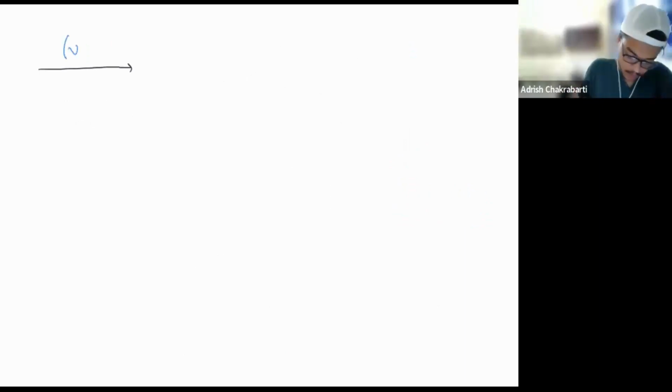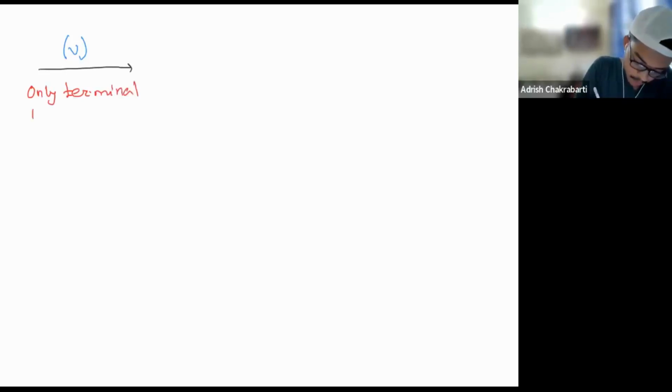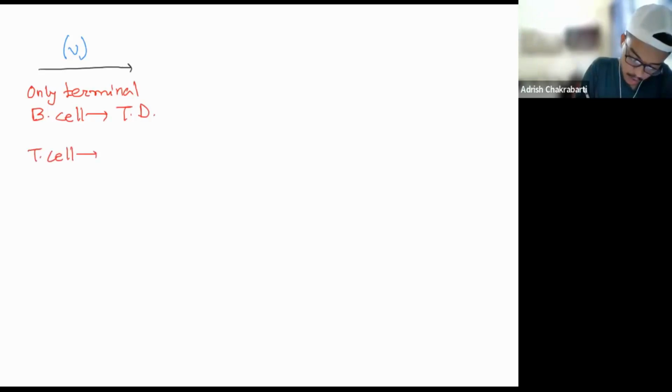Okay, let's just take a new page for this. So what is happening? Division number 5. Only the terminal basal cells are undergoing transverse division and the T cells are undergoing periclinal division.